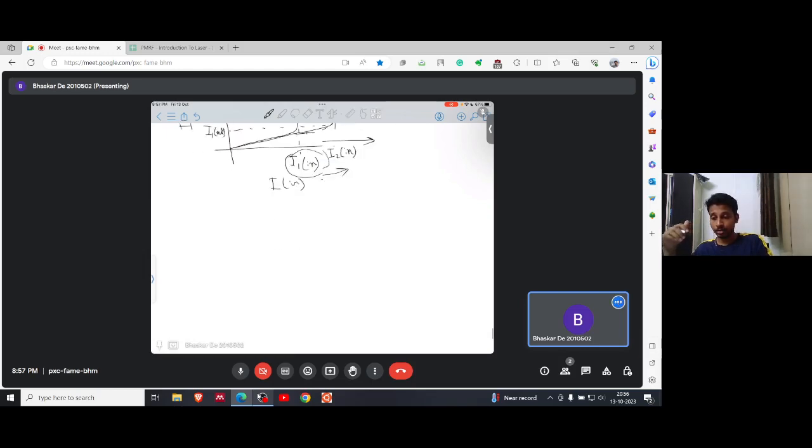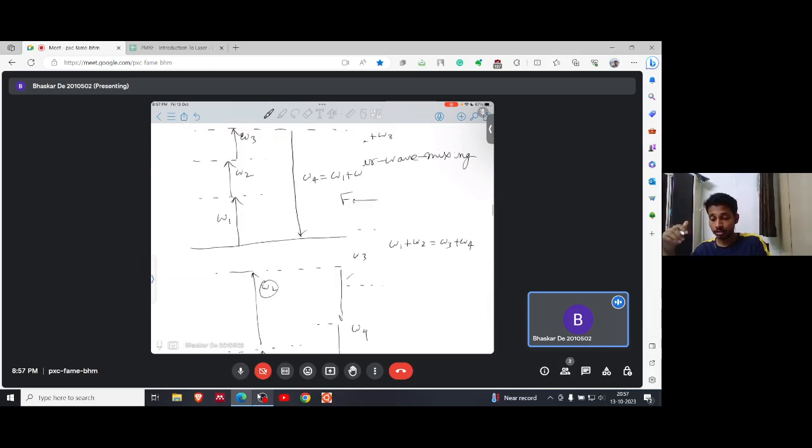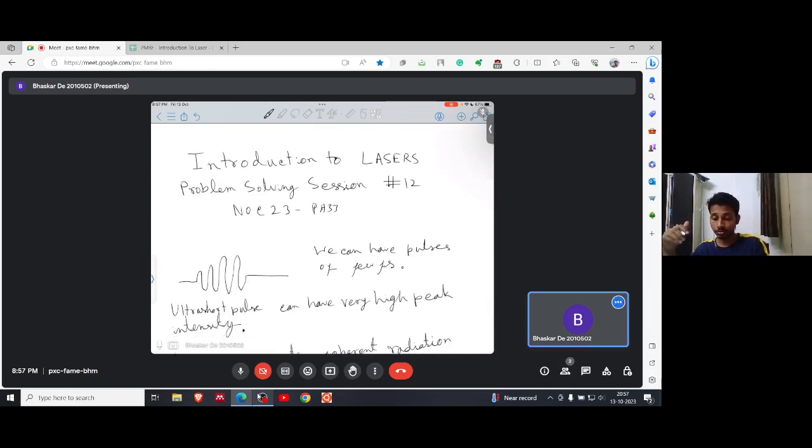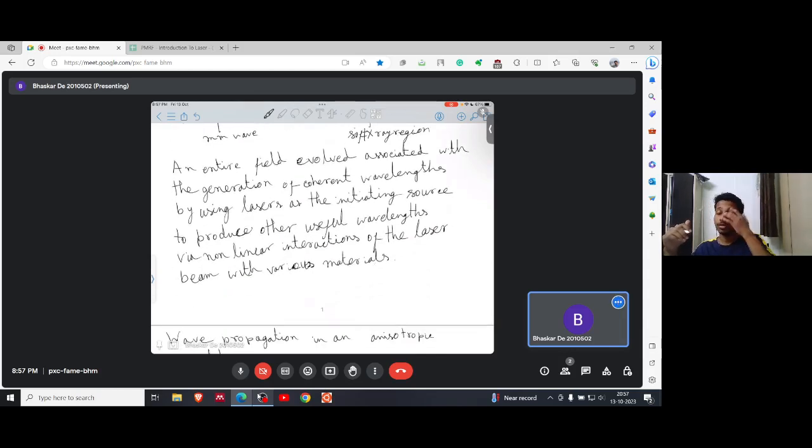So today we have discussed multiple nonlinear processes, and it's a long discussion, to be very honest. These nonlinear optical processes are only visible when we have a highly intense pulse.